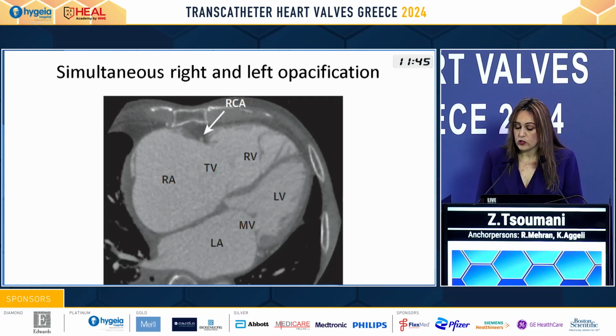However, in the vast majority of cases, we need to assess the right coronary artery at the same time, so we have to shift to our standard thoracic aorta triggering to allow for simultaneous right and left opacification.